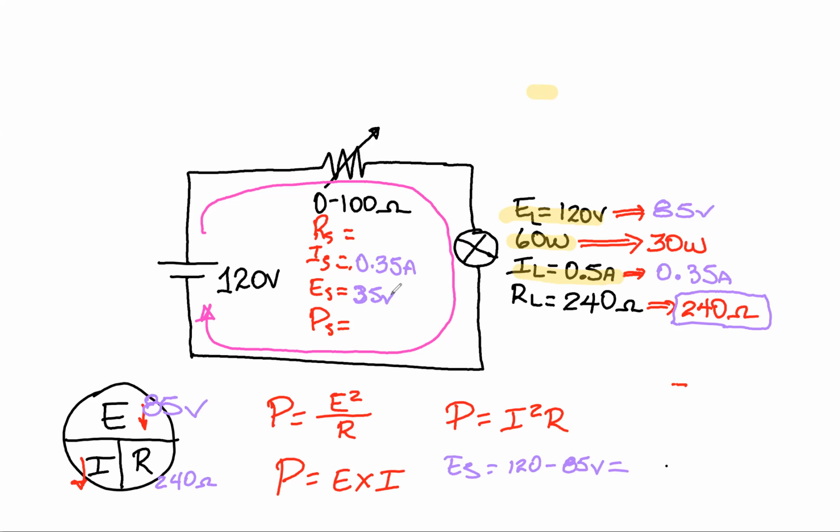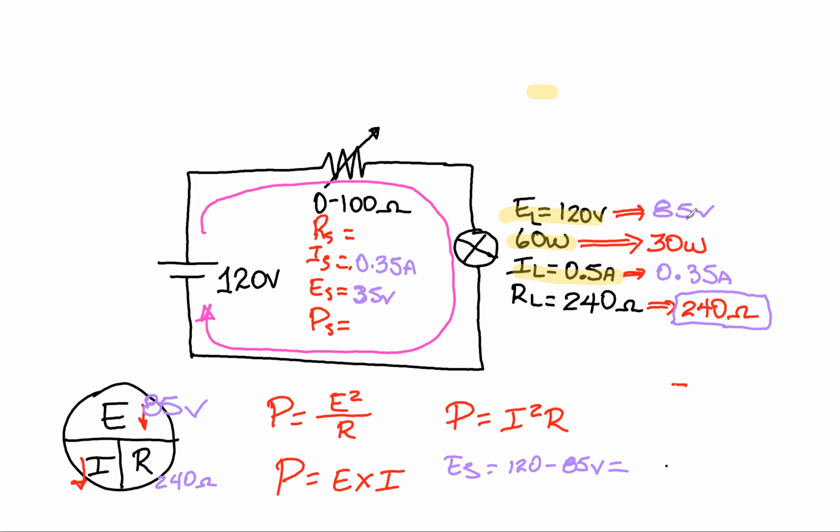That's going to be the voltage drop on this rheostat or potentiometer. Now, having those values, we can calculate our RS, which is the resistive value to which we have to increase our variable resistor in order to accomplish this 85 volt drop.